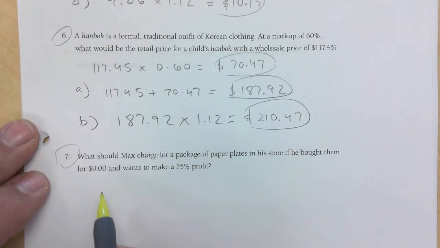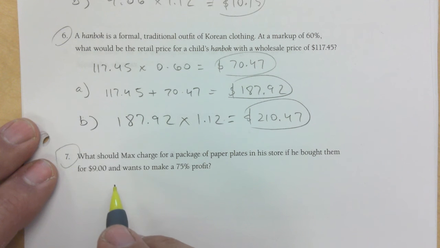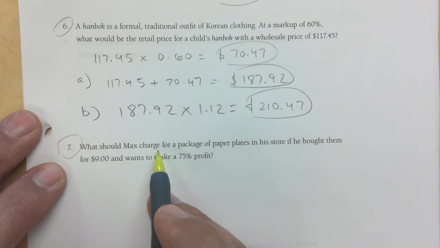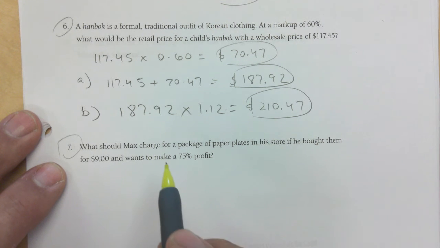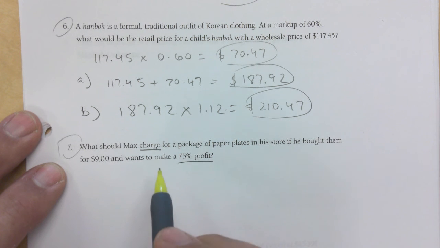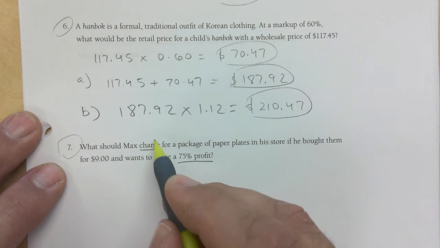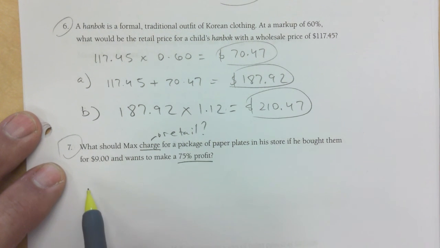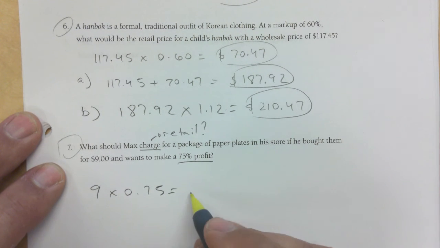There's 6. So this question 7 is what should Max charge? They're asking what should be the markup if he wants to make a 75% profit. So they're asking you what's the retail? Retail, question mark. So you go 9 times 0.75. That's 675 of a markup.